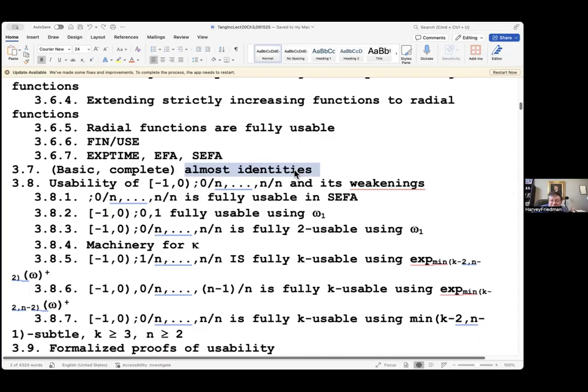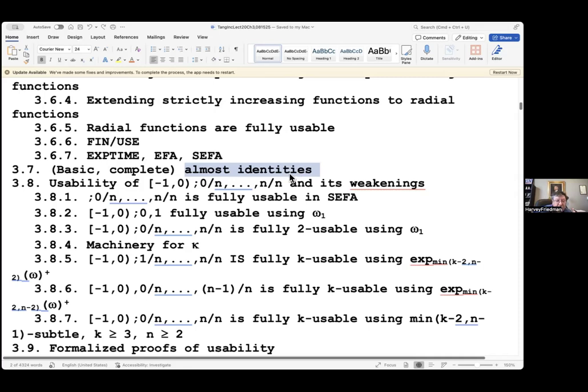There's the notion of complete almost identity, and a complete almost identity has to be very concrete. It has to be order theoretic, and there's only countably many. A complete almost identity has to have domain a finite union of what I call general rational intervals. A general rational interval just means an interval with rational endpoints, which is allowed to be empty or degenerate.